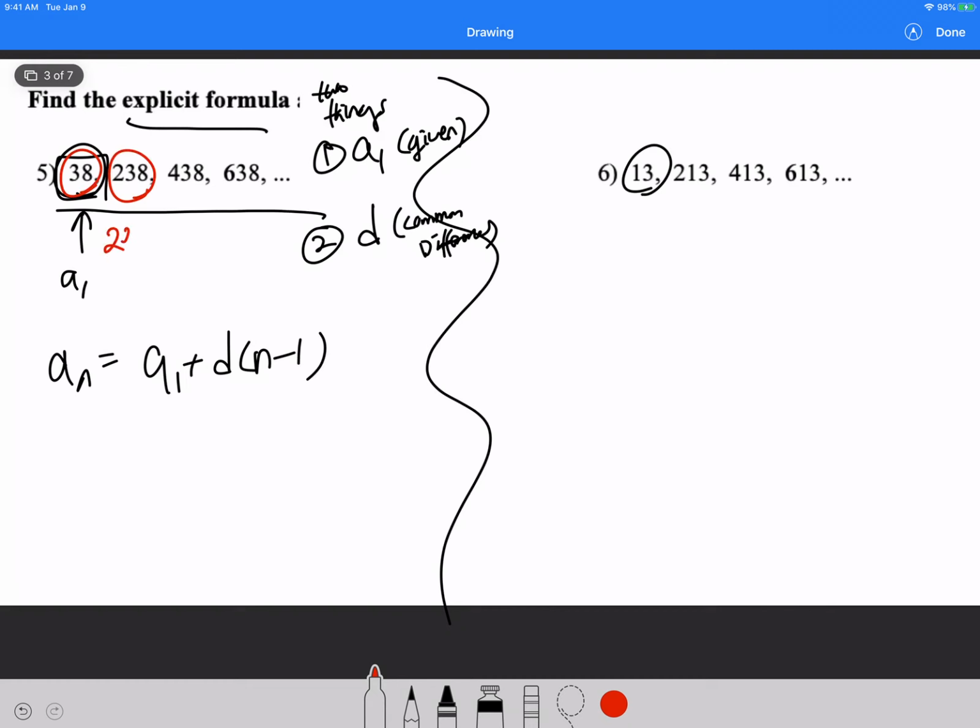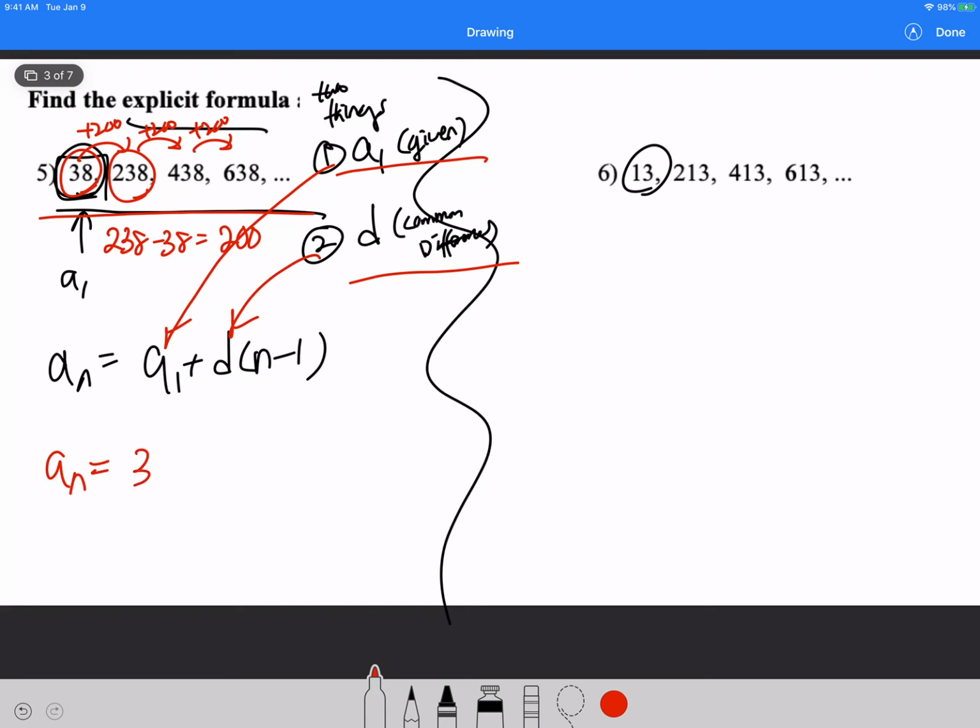So when you subtract 238 and 38, you get 200. So what that means is you're consistently adding 200 each time, and you can check that for yourself to see if the common difference makes sense or not. Now it does. So once you have those two, all you got to do is plug it in respectively.